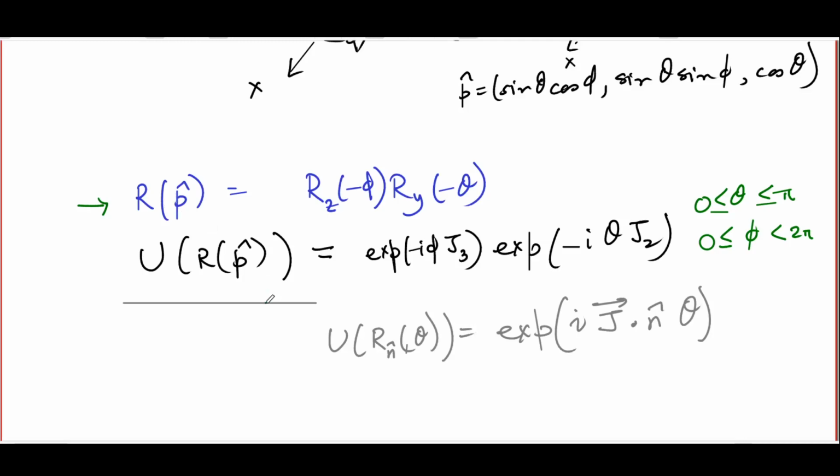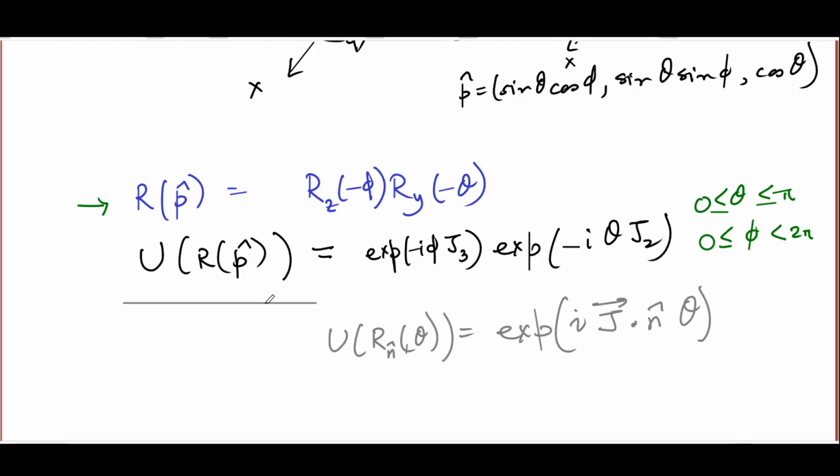But if you are acting on systems with half odd integer spin, like spin half particles, e to the minus i phi J3 will actually change sign when you add 2 pi to the angle. A 2 pi rotation indeed is not really trivial in quantum mechanics. Rather, a 4 pi rotation is, at least for spin half particles.